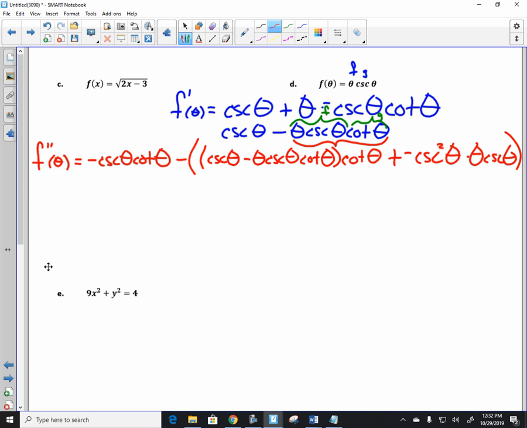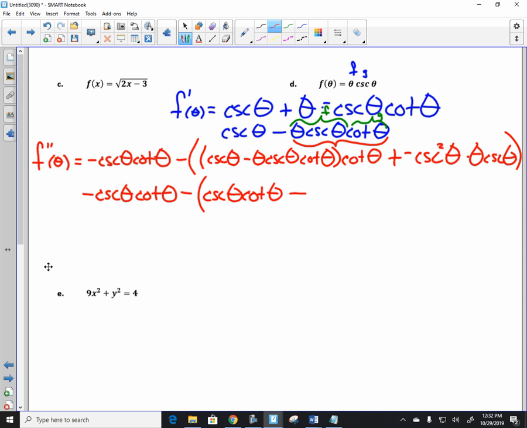So all we're going to do is write it so we distribute our negatives through. Try to clean that up just a little bit. Negative cosecant of theta times cotangent of theta. I'm going to put this minus parentheses. In here, when I distribute the cotangent, I get cosecant of theta times cotangent of theta.